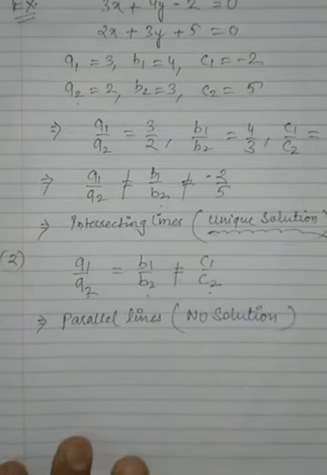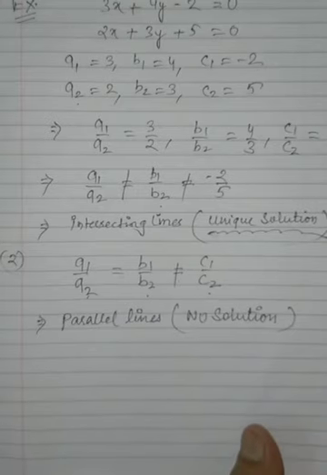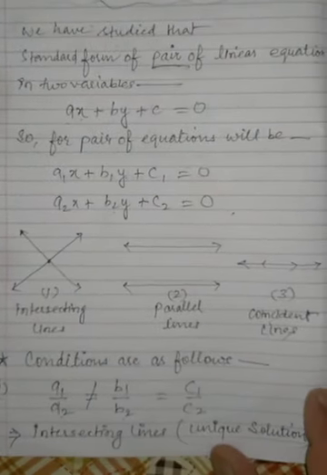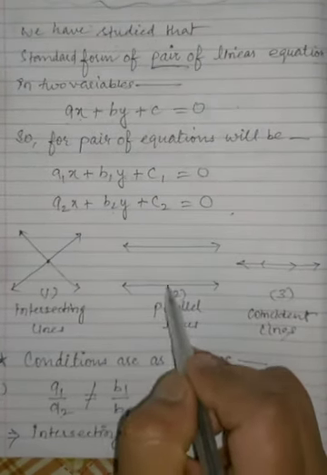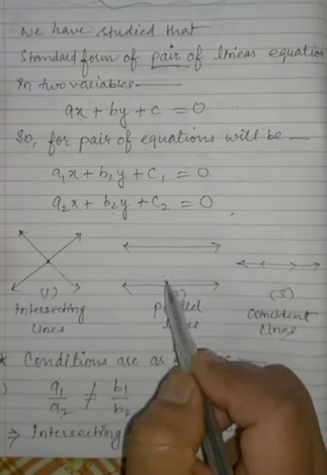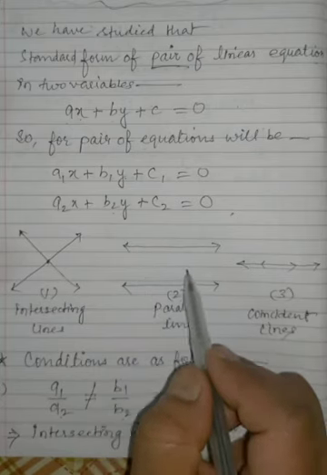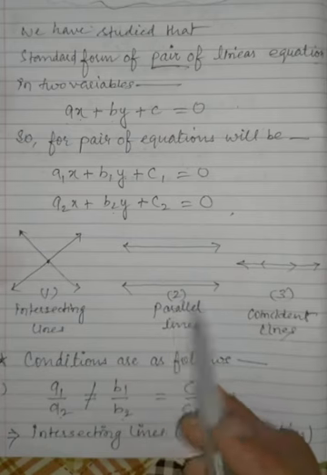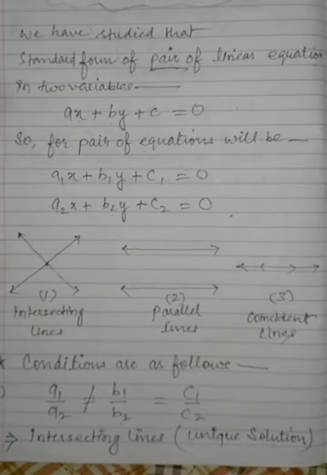Parallel lines will not give you any value of x and y, because they are not intersecting at any point, and only the point of intersection can give you the solution. Since parallel lines never intersect each other, we will not have any solution for that pair of equations.